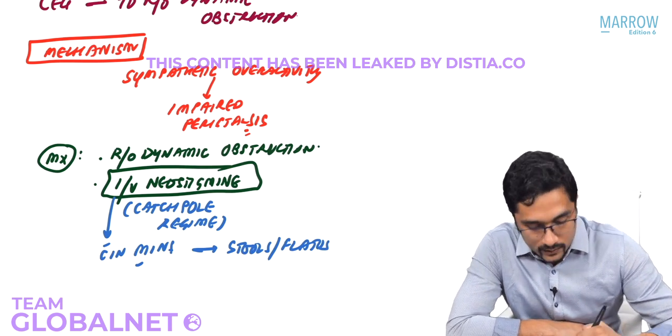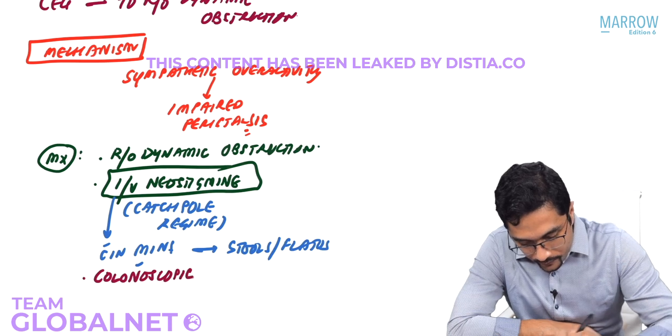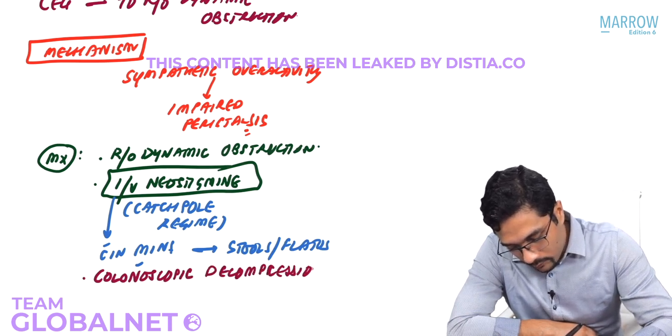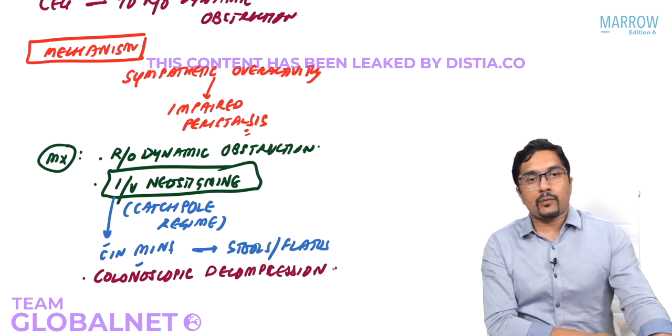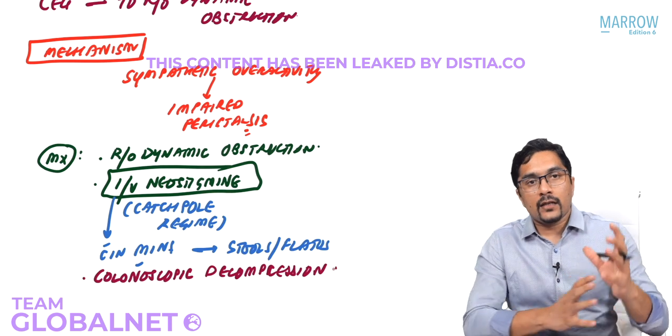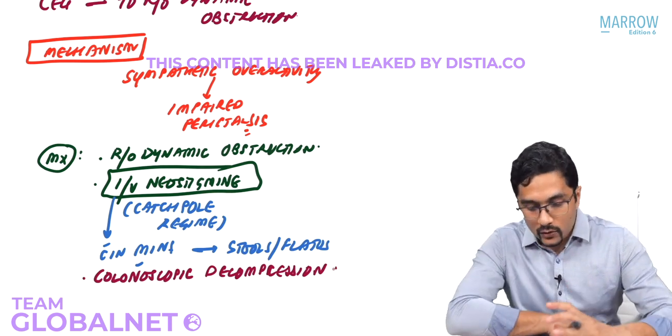If this also does not work, then you carry out a colonoscopic decompression so that the cecum does not perforate. So that is the management of Ogilvie's or colonic pseudo-obstruction, and that was the last cause of adynamic obstruction which you need to know about, right?